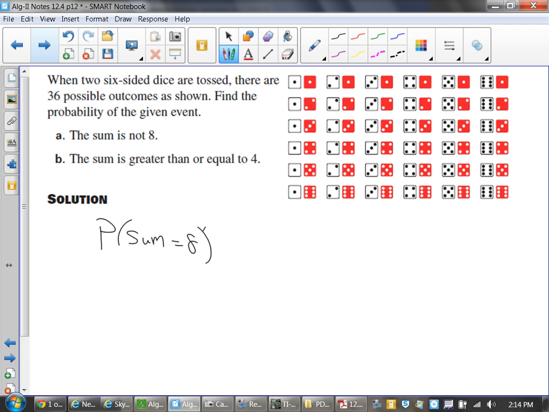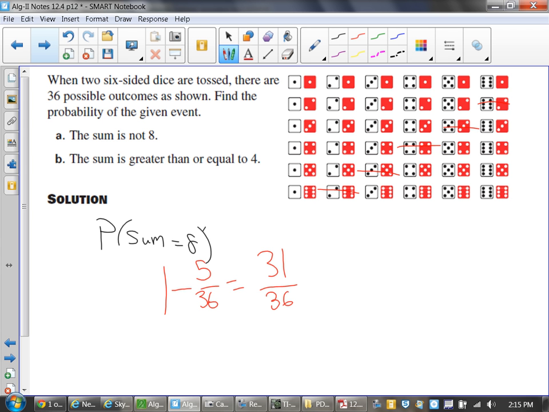How many of these rolls give you a sum of 8? 1, 2, 3, 4, 5 of them. So 5 of them give me a sum of 8. How many of them don't? 31. So it's 1 minus 5 over 36, which is 31 over 36.